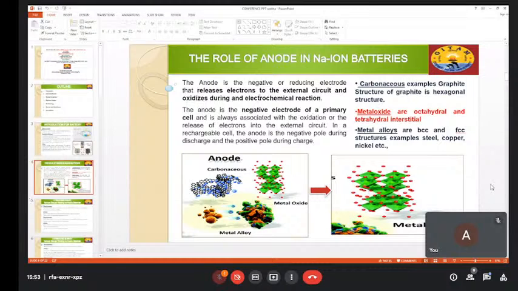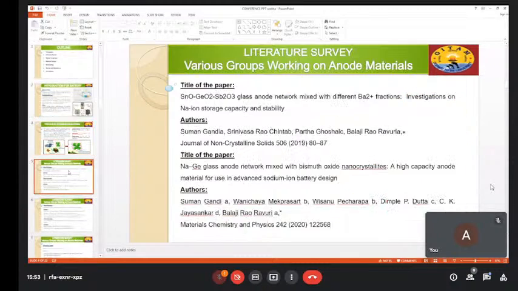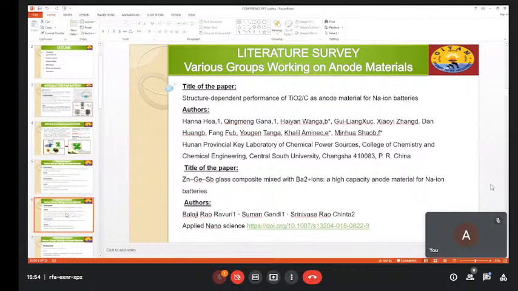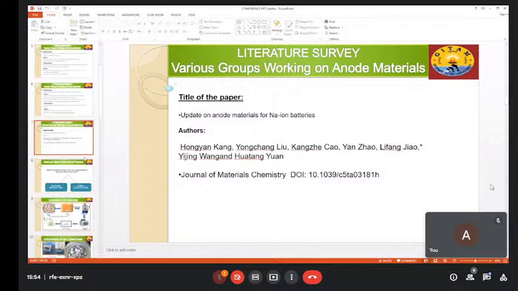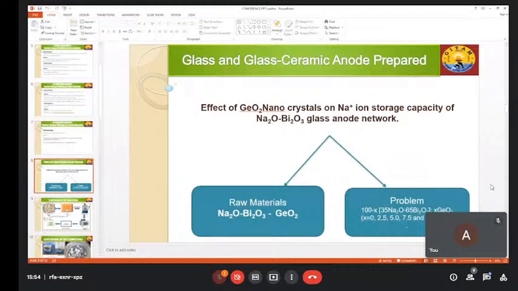According to this role of the anode in sodium ion batteries, these are the literature surveys of different papers from various groups. My work is glass and glass ceramic anode preparation: the effect of germanium oxide nanocrystals on the sodium ion storage capacity of a sodium bismuth glass anode network.